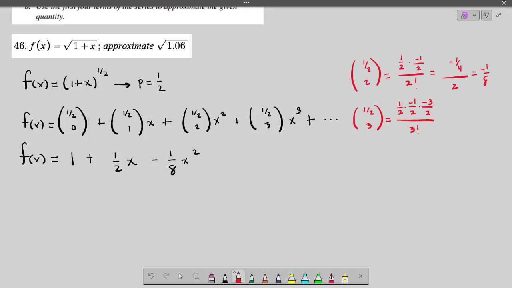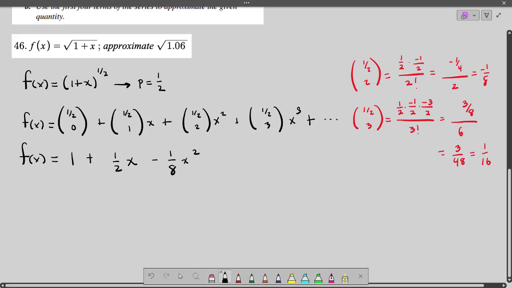Subtract off 1 more, get -1.5, -3/2. Then we're going to simplify this. We're going to have 3/8 in the numerator. Denominator is 6. So we're going to have 3 divided by 48, which is 1/16. There is our 4th non-zero term, plus 1/16 x cubed, plus etc.